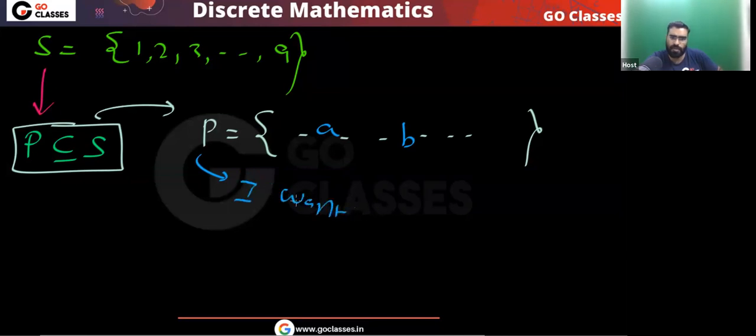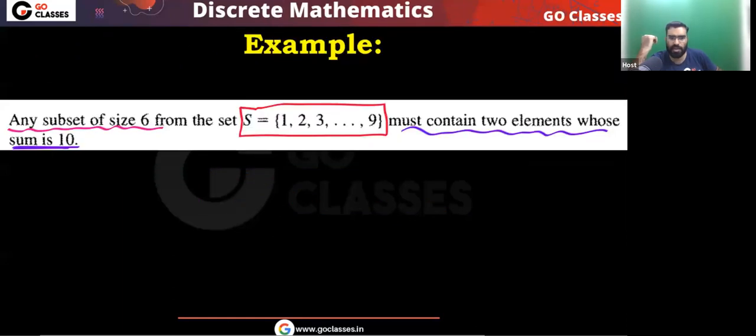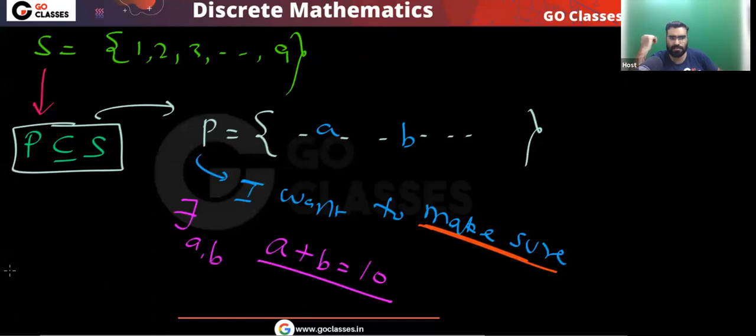I want to make sure, which is the same as the guarantee, that there exist A, B such that A plus B is equal to 10. So P must contain 2 elements whose summation equals 10, where A is different from B.